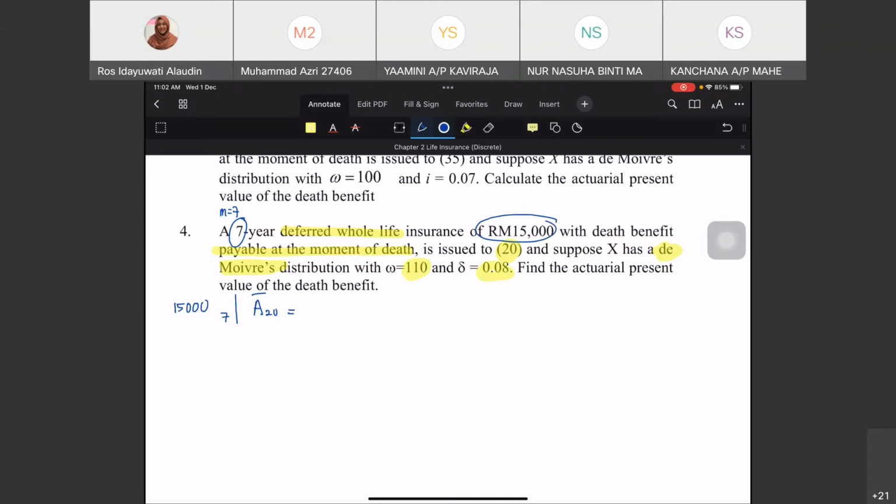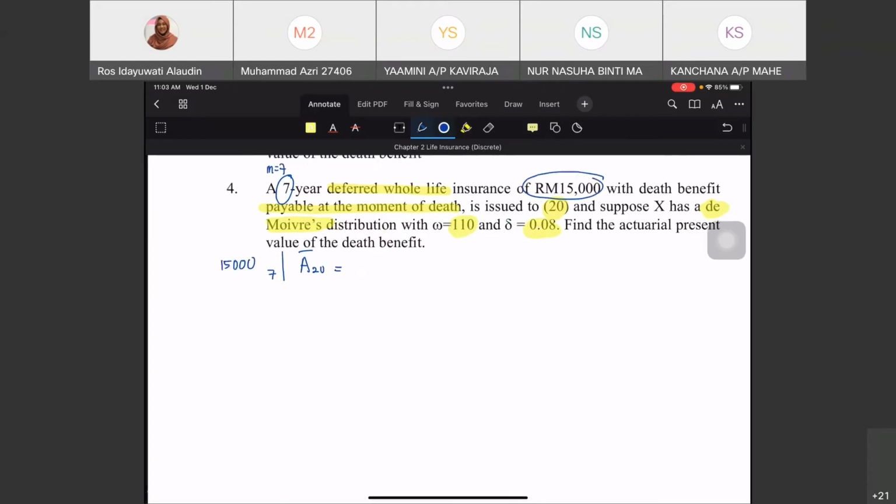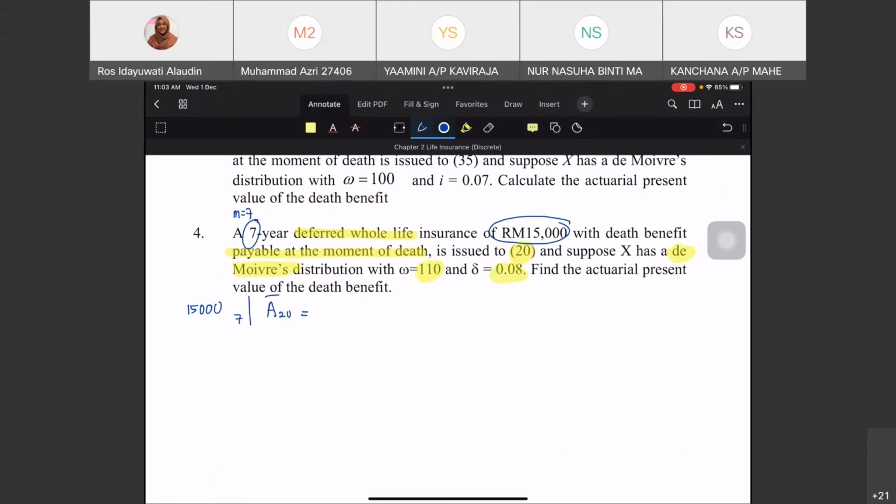This is how you extract the information and put it into the equation. You just leave the 15,000 outside the integration because it is constant. For the deferred, the lower bound is the m here, so 7. What is the upper bound? Because it is De Moivre's law, the upper bound is omega minus x. So omega is 110, x is 20, 110 minus 20.